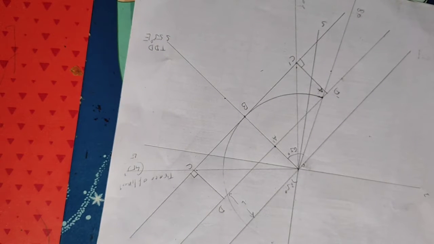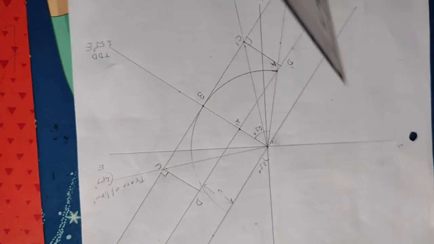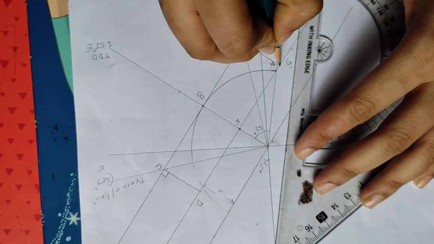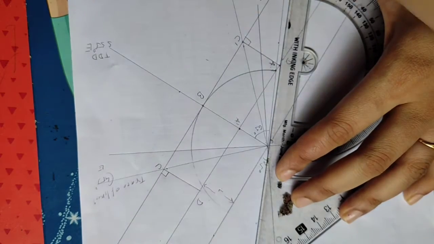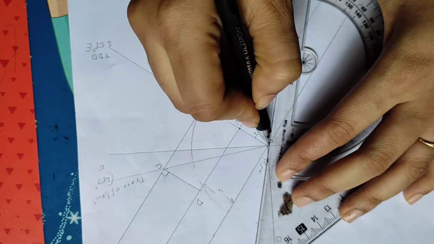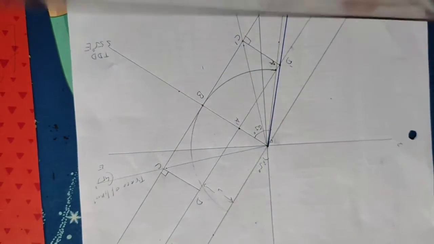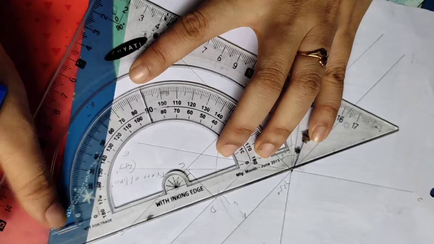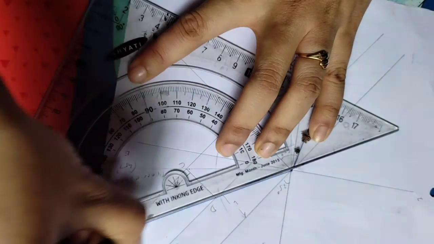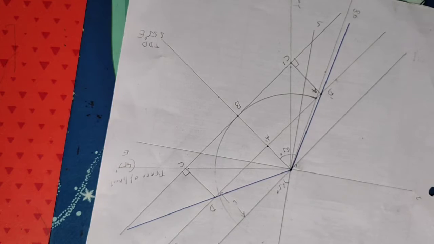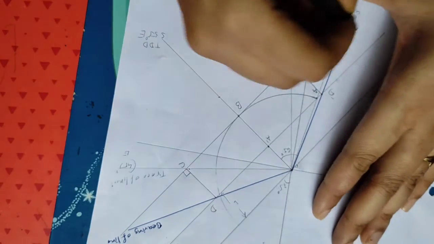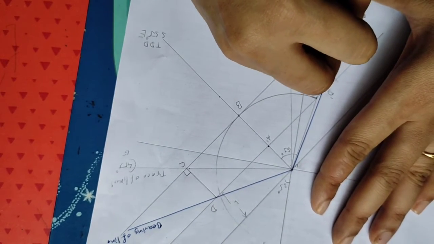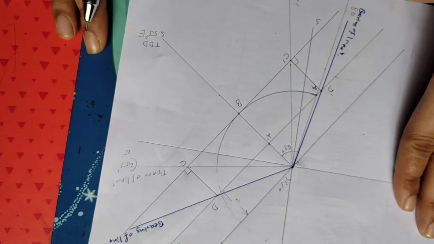After this, join OD and OD dash. This is O, and this is known as the bearing of lineation.